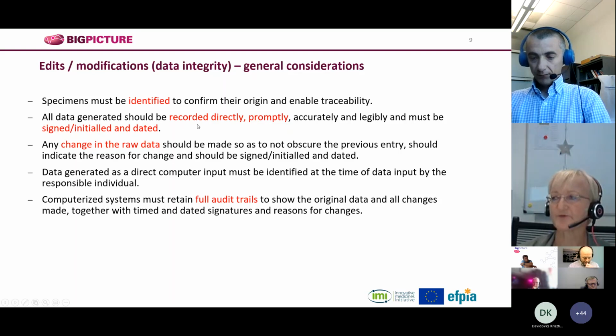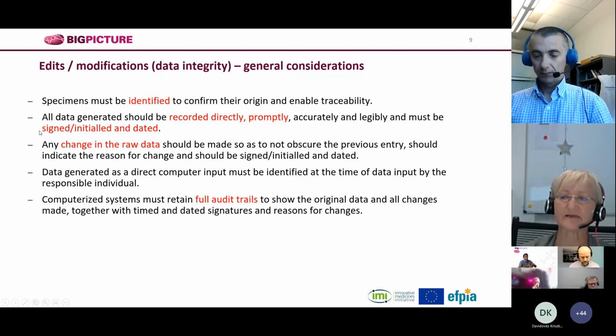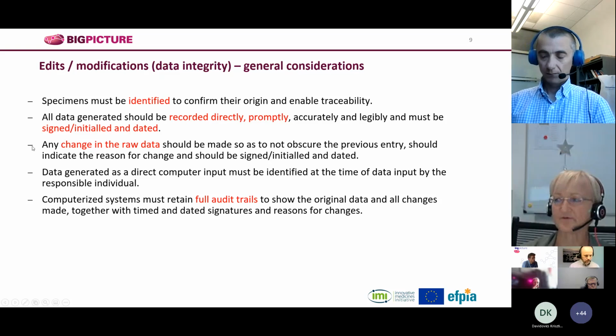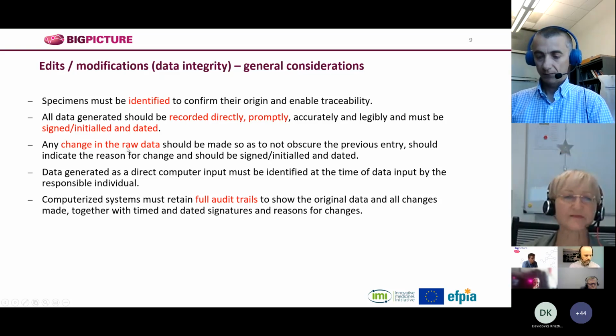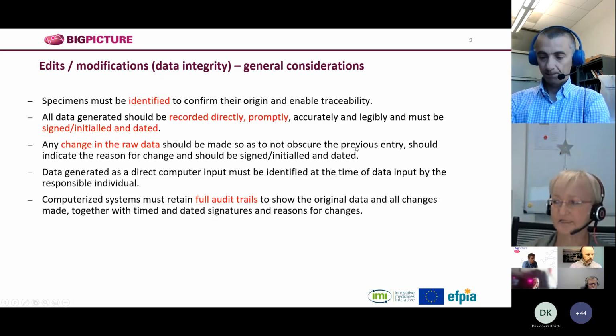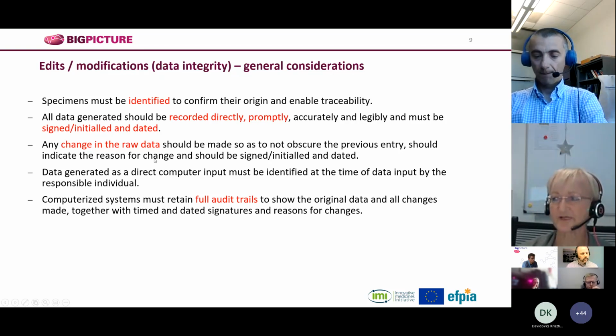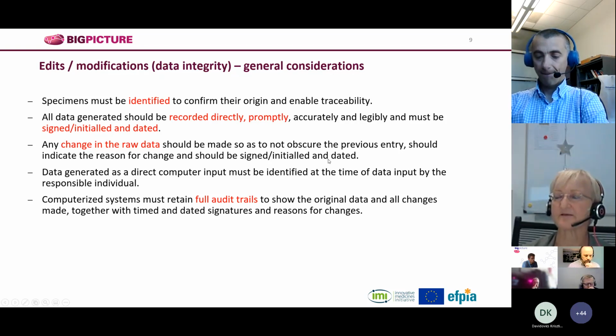All data generated should be recorded directly, promptly, accurately, and legibly, and must be signed or initialed and dated. And then any change in the raw data must be made so that the previous entry can still be read, can still be seen, must indicate the reason for change, and must also be signed and dated.